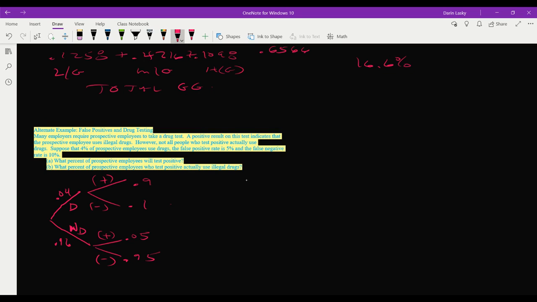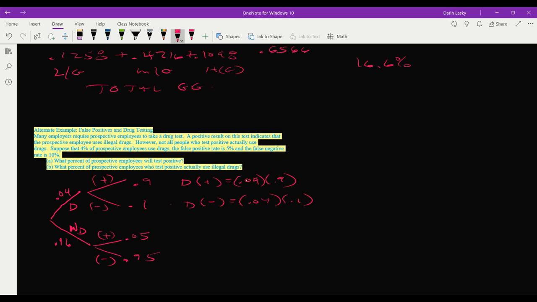So if we look at this piece, we need to multiply through here. You take drugs and you come up with a positive: 0.04 times 0.9. You take drugs and it's a negative, so this is a false negative: 0.04 times 0.1.